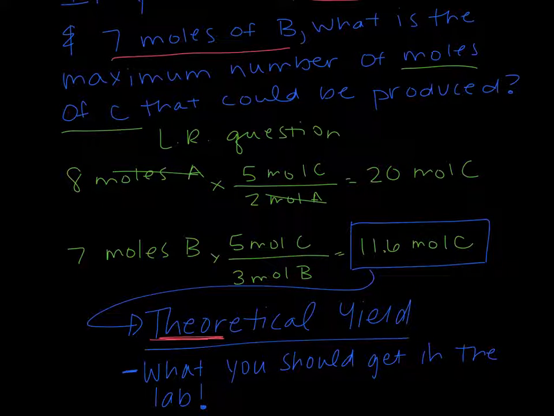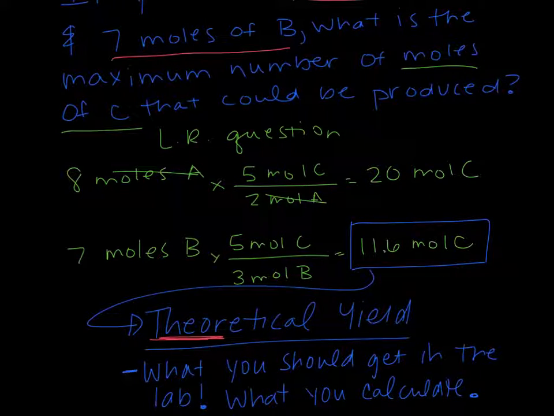Okay, and you could also say that it's what you calculate. So whenever you do math and you're not doing anything in the lab, it's what you get when you calculate it. All right.